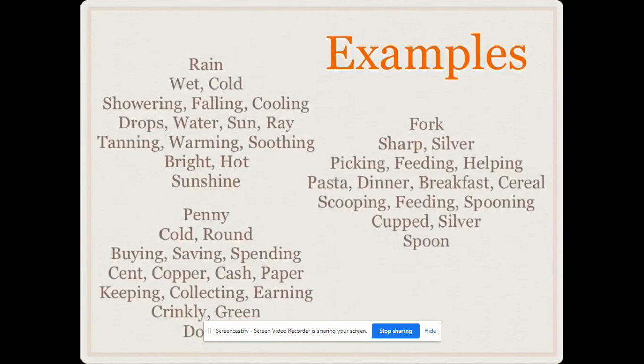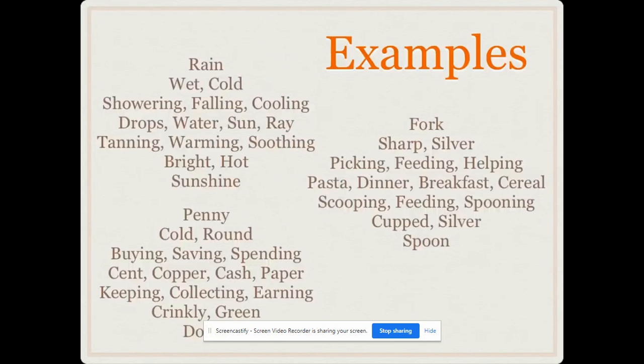So we have a few examples here, and one is comparing rain and sunshine. So we have wet, cold, showering, falling, cooling, drops, water, sun, ray, and tanning, warming, soothing, bright, hot. And then the one below it, we are comparing a penny and a dollar.